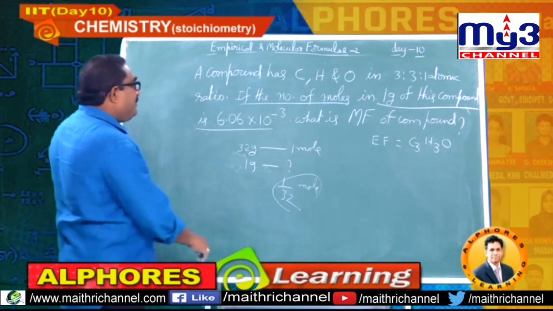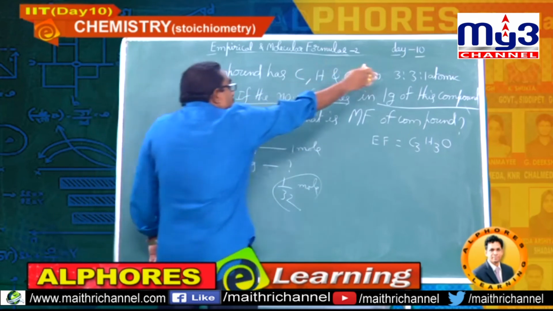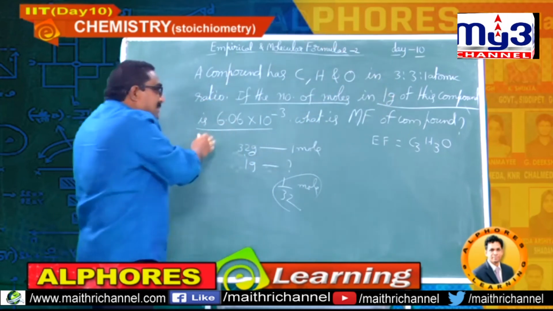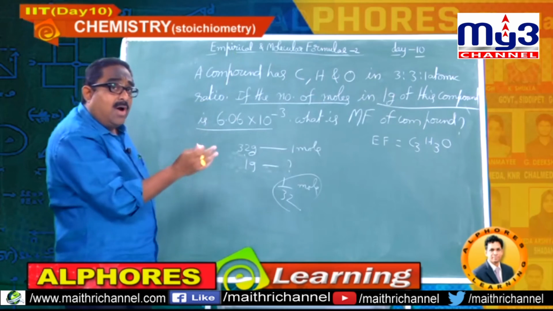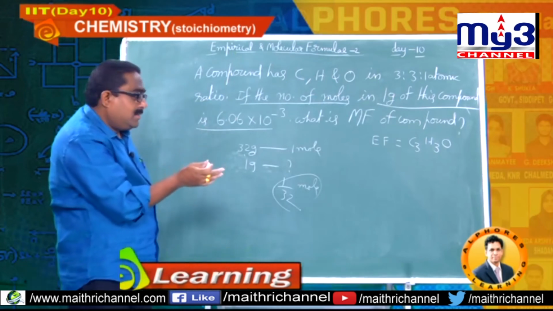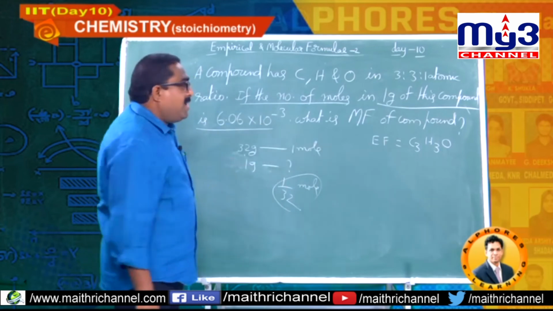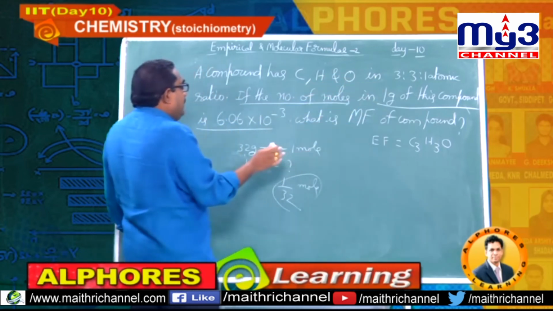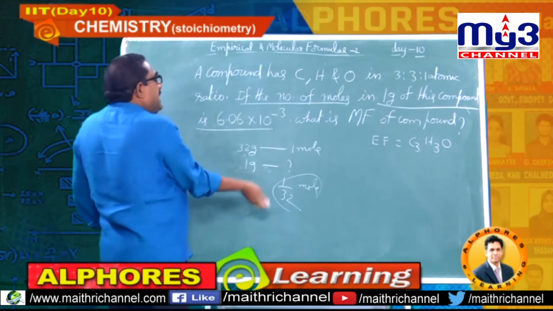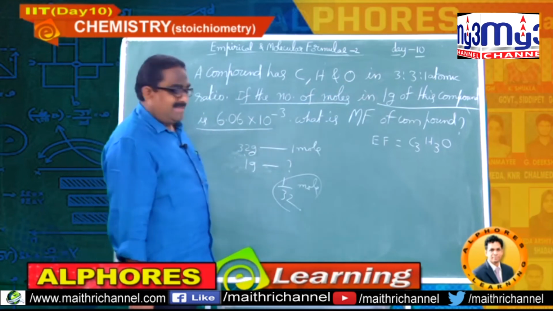So similarly, he has given 1 gram of compound is this. If you want to get molar mass, you have to take the reciprocal of it. The number of moles in 1 gram of any substance is nothing but the reciprocal of its molar mass.